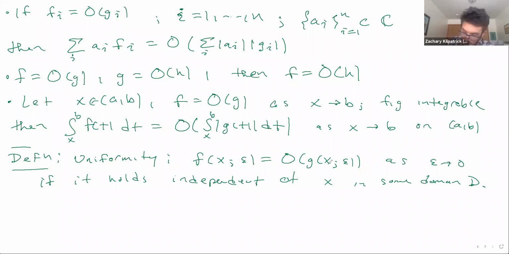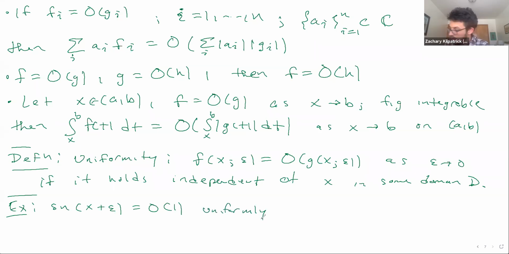So I have a uniform big O bound as long as it holds for any x in my particular domain. All right. So just to take an example, sine of (x plus epsilon) equals big O of 1 uniformly for any x that lives in R as epsilon goes to 0, okay?